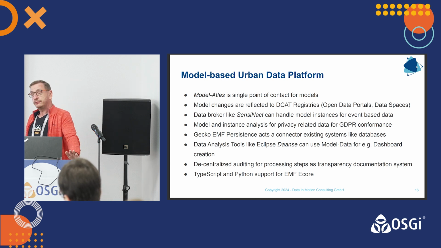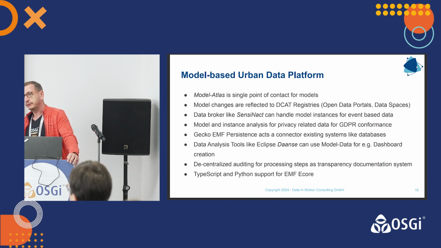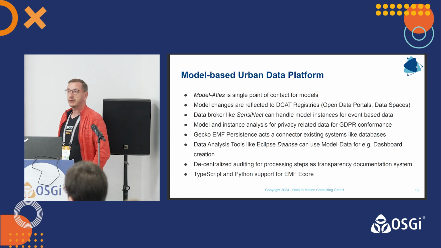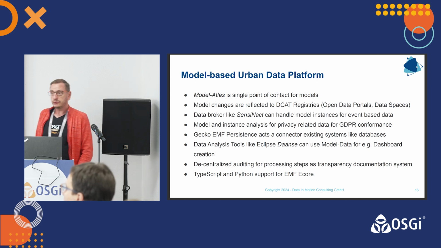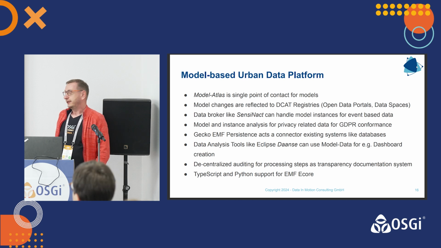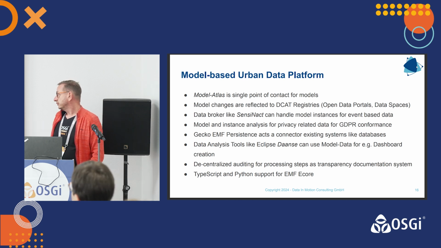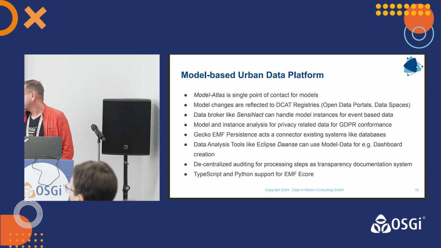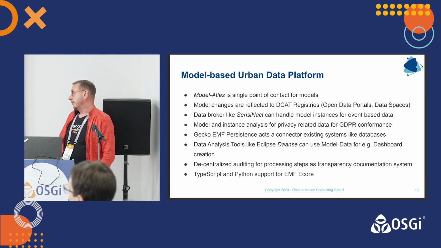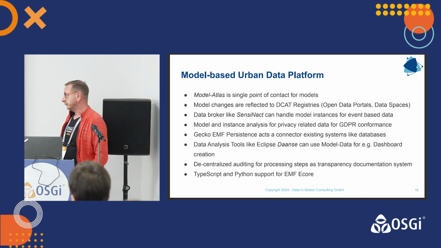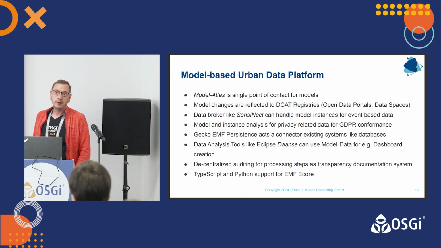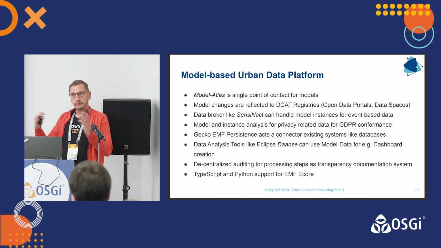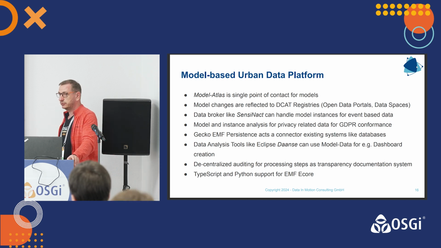In the end, yes, we need some persistence layer. We have existing databases, and we need to load existing data, and maybe even store new data in such a system. And yeah, we need data analysis. Eclipse Dance can do that. And yeah, maybe someone wants to use auditing processing in the overall system for transparency reports.